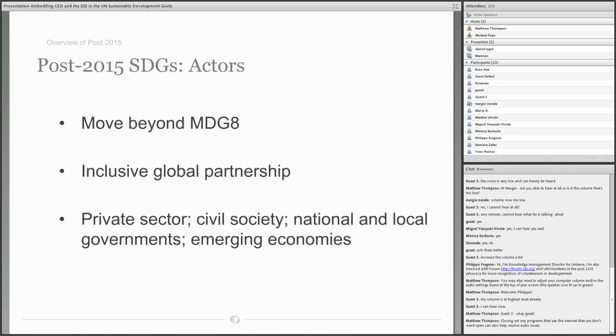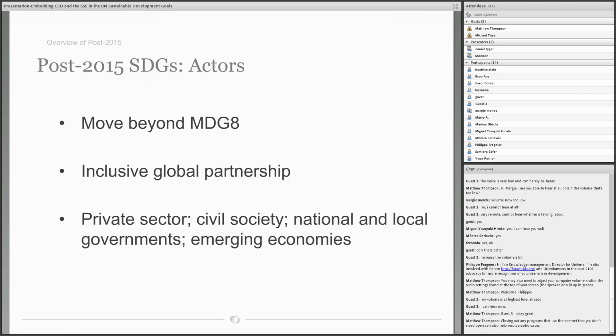Yeah, well, I've given a bit of background on the UN side, who those key people are, but I wanted to unpack the other actors in this process. That's what the next slide is about. One of the major critiques of the Millennium Development Goals was that it was a top-down approach. It wasn't sufficiently consultative.